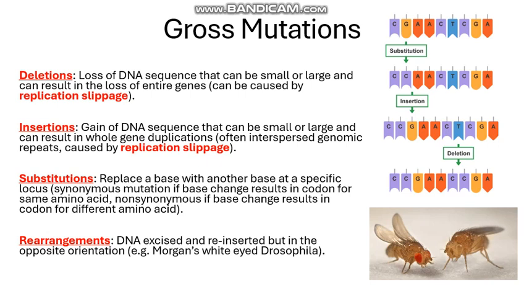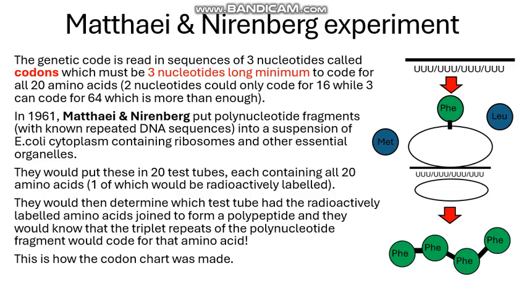If we were to have one of these mutations and take one of these base pairs out, it wouldn't just affect that codon, because at the ribosome bases are read in sequences of 3, being the codons, like we talked about here.